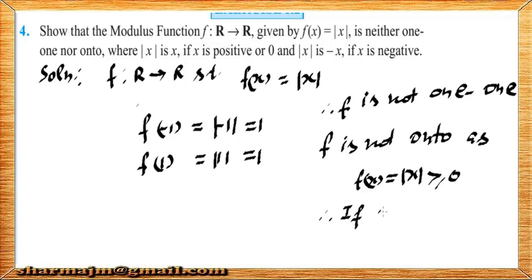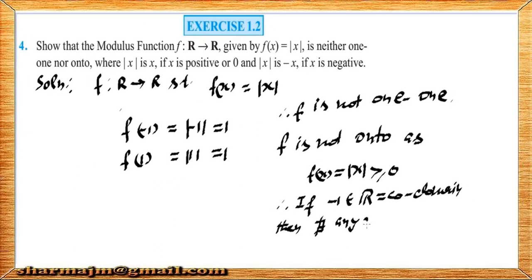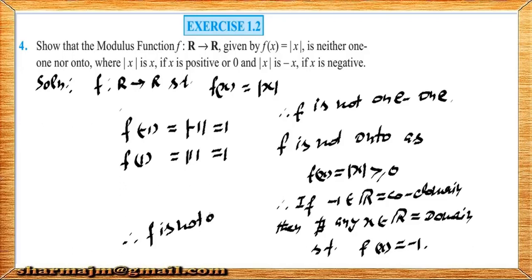So if minus 1 is in R codomain, then there does not exist any x in domain such that f of x is equal to minus 1. So minus 1 does not have its pre-image. Therefore you can say f is not onto.